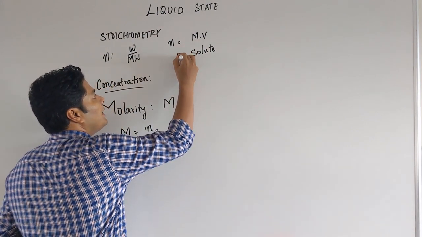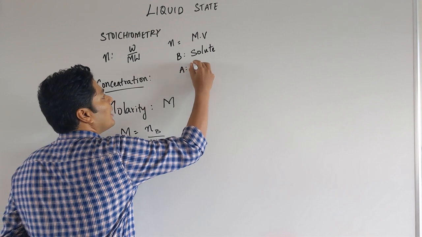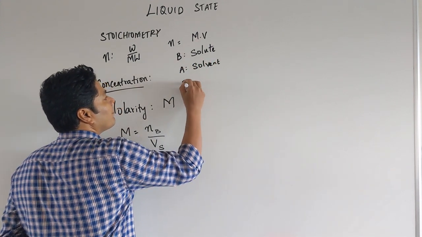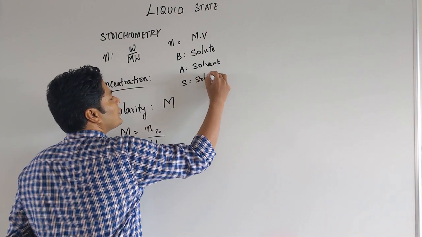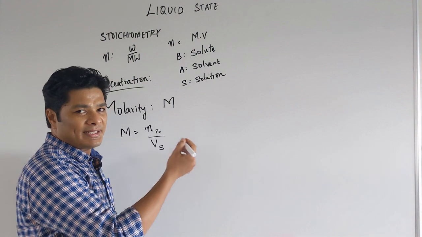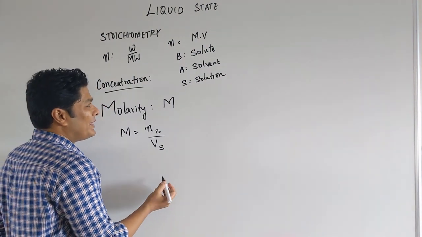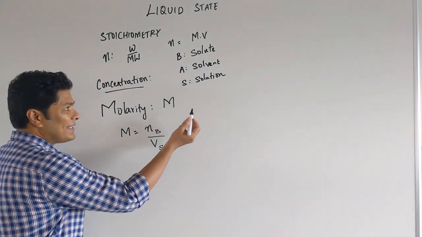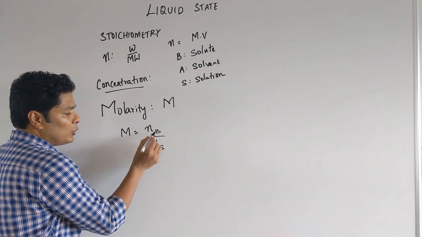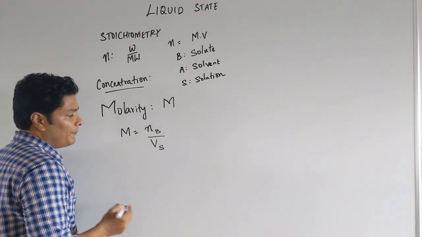B is solute, A is solvent, S is solution. Depending on who is teaching and what book you are following, these symbols can change. I like to keep it this way, instead of using a smaller case s and capital case S. This is moles of solute divided by volume of solution.